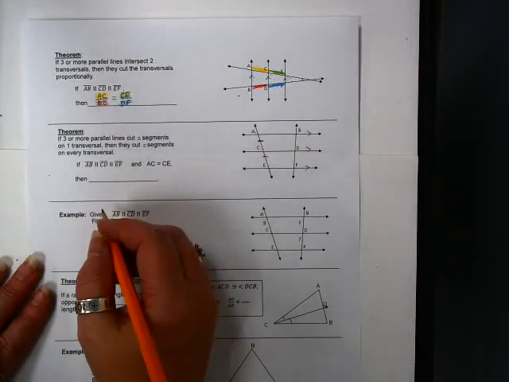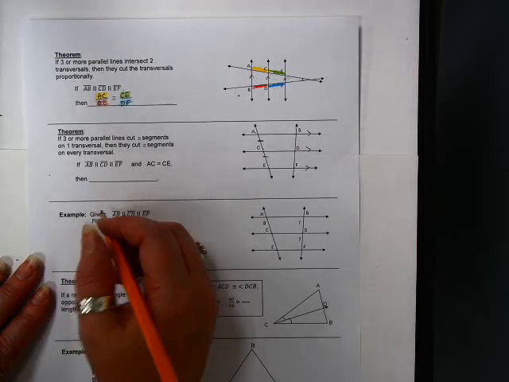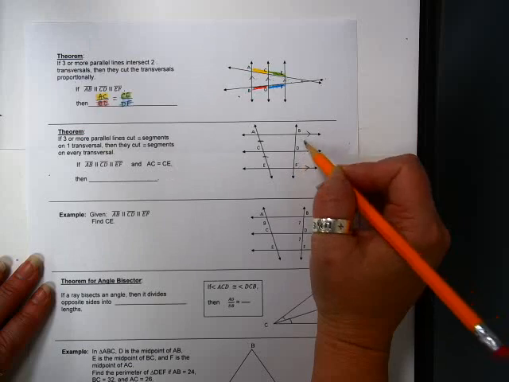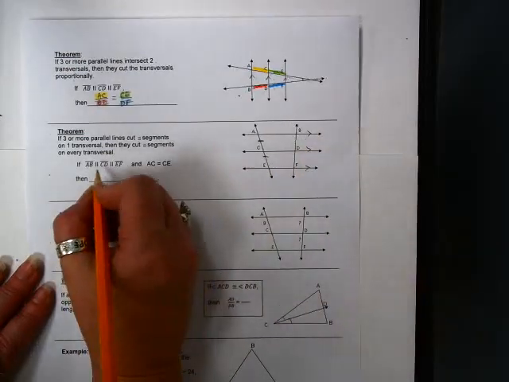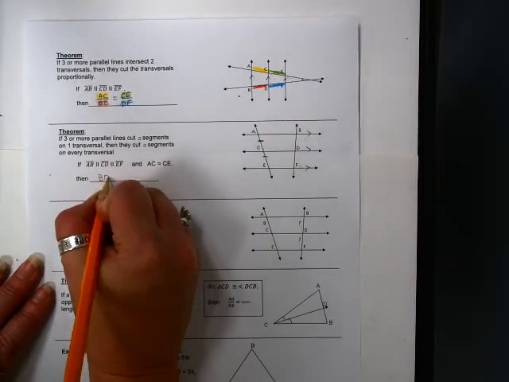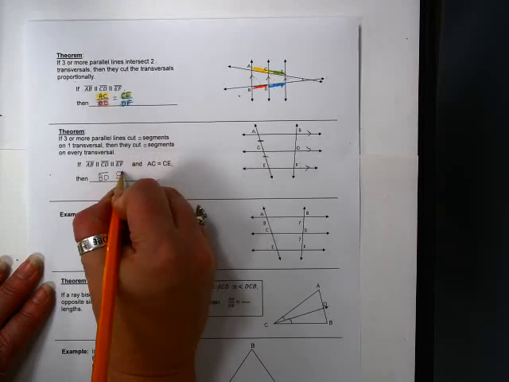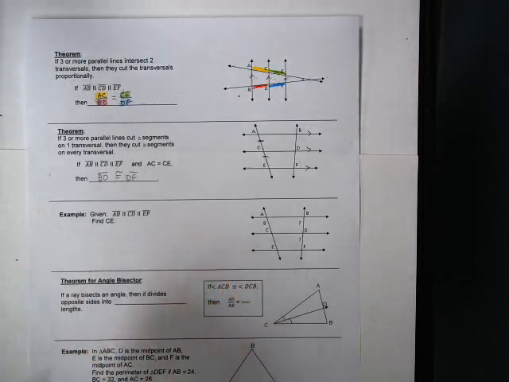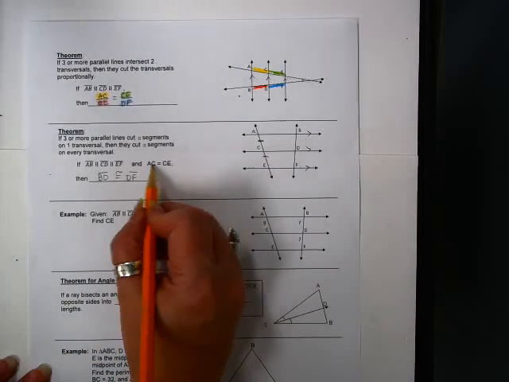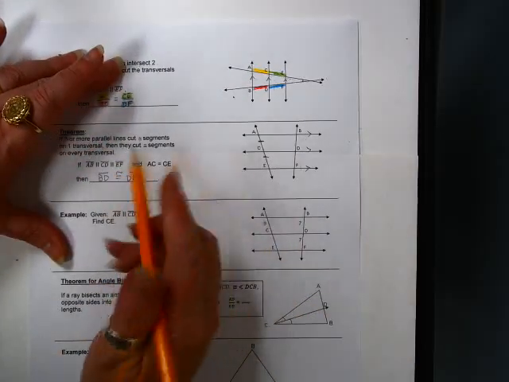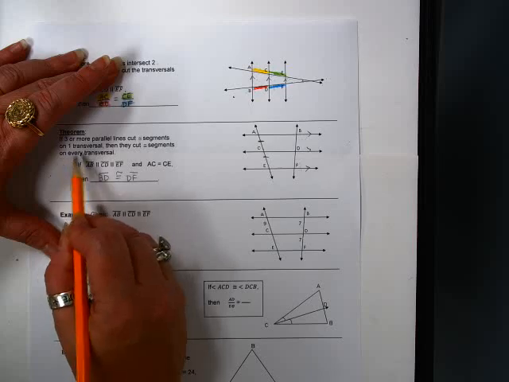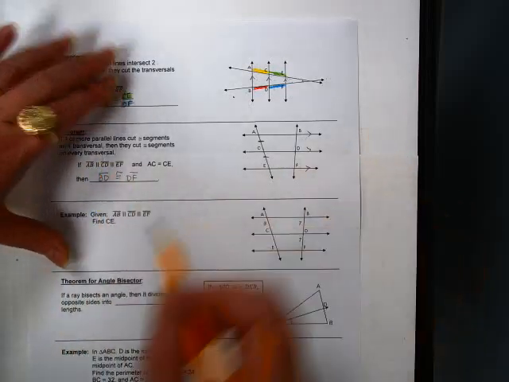If that happens, then we know that the other sides are going to be congruent. So BD is going to be congruent to DF. So if they're equal distance, then they cut congruent segments on every transversal.